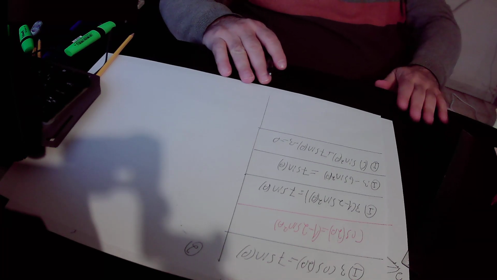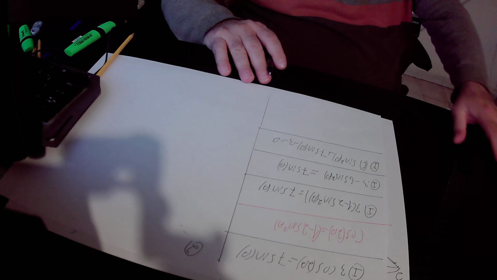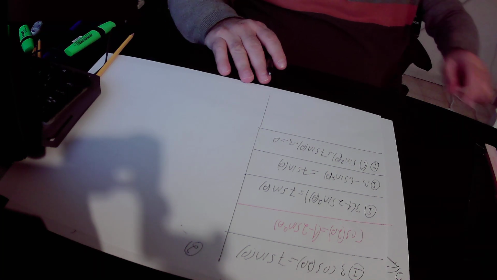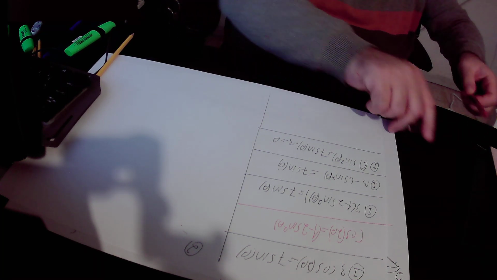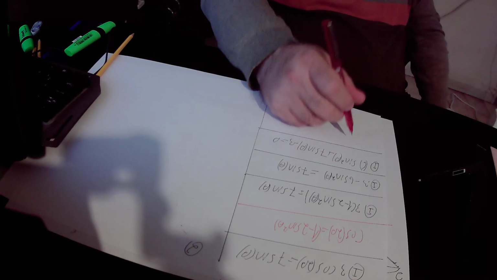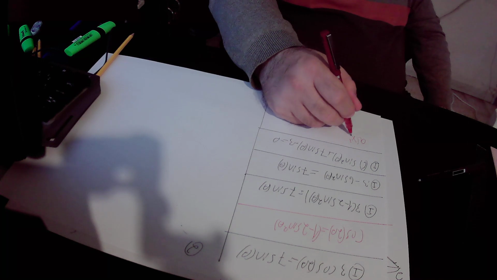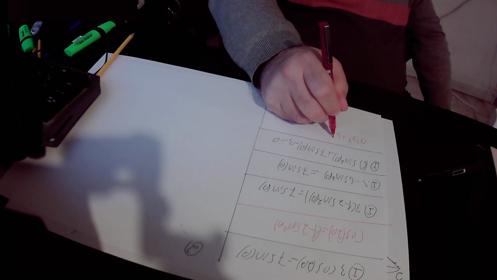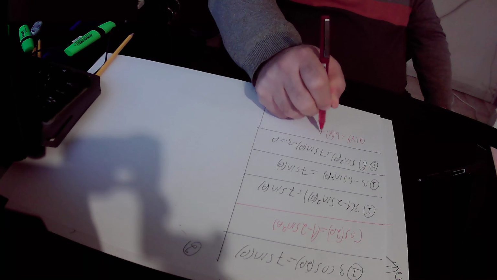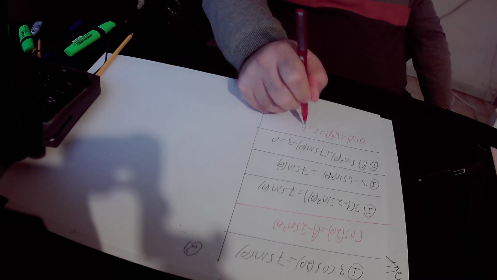Actually, equation number 1 is a quadratic equation, and the general formula for a quadratic equation is ax squared plus bx plus c equals 0.